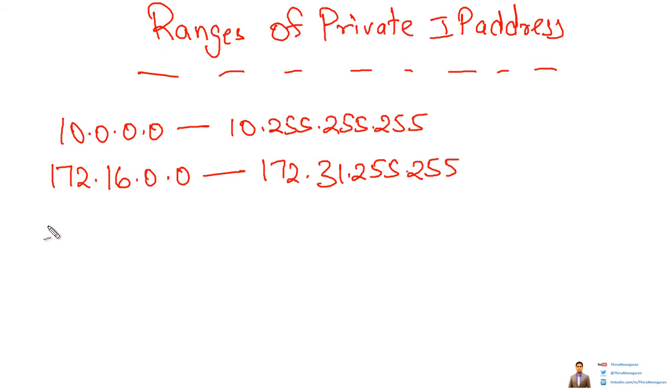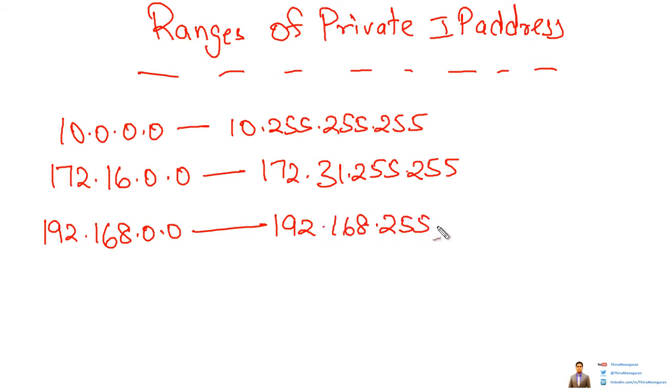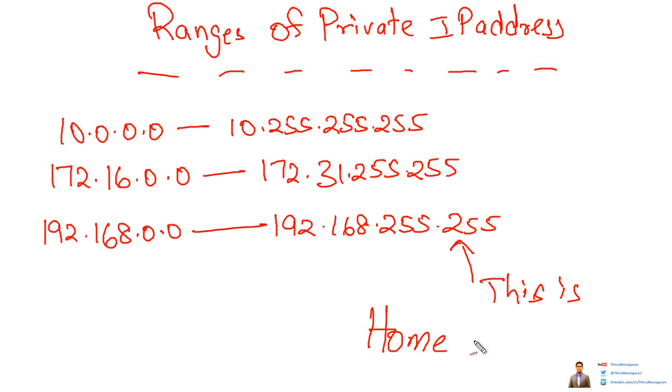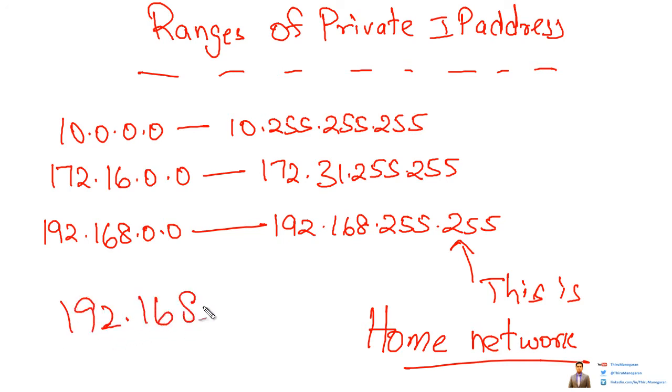The third range is 192.168.0.0 to 192.168.255.255. This is the range that we use in our home network. If you look at the IP address on your small home router, it will start with 192.168 something.